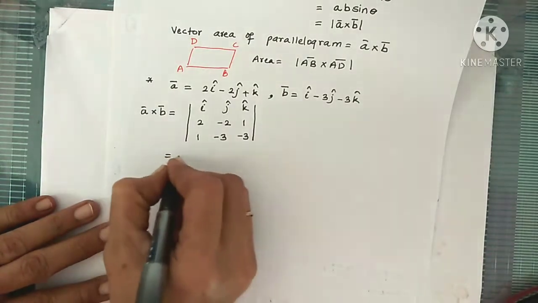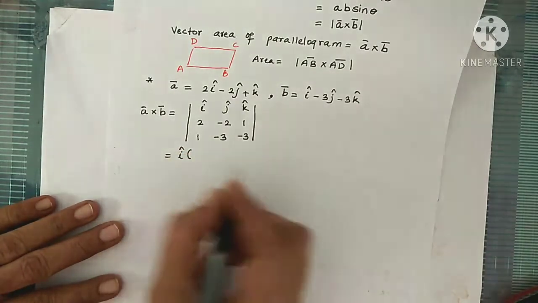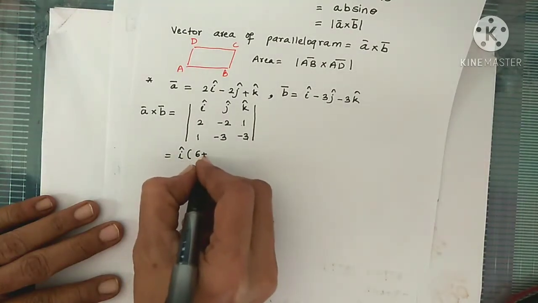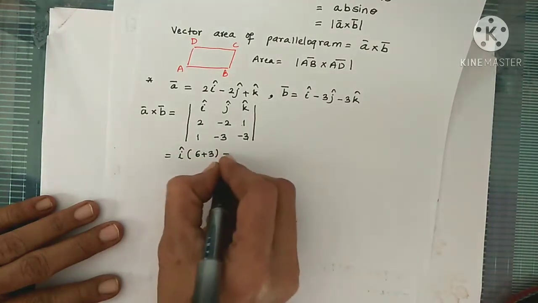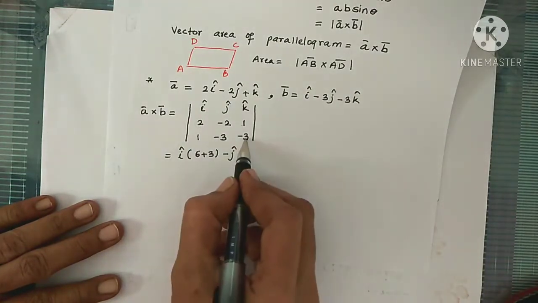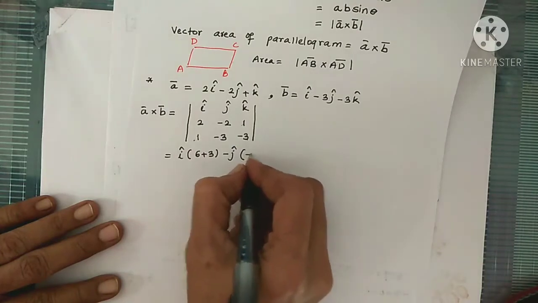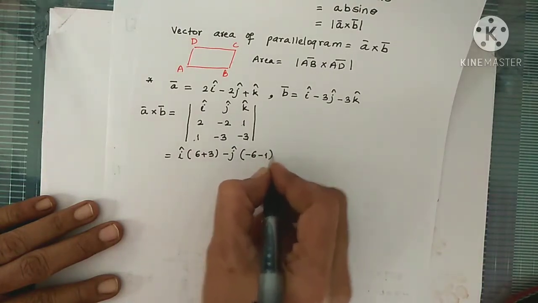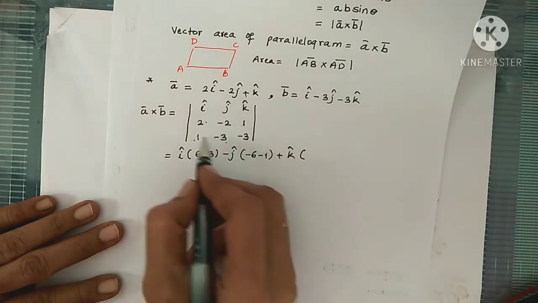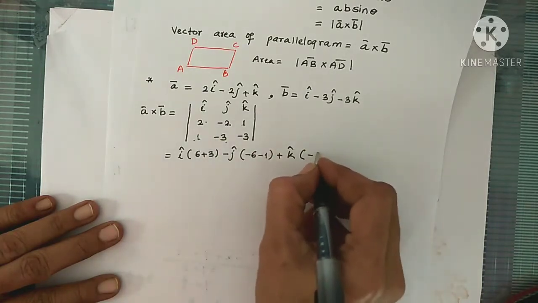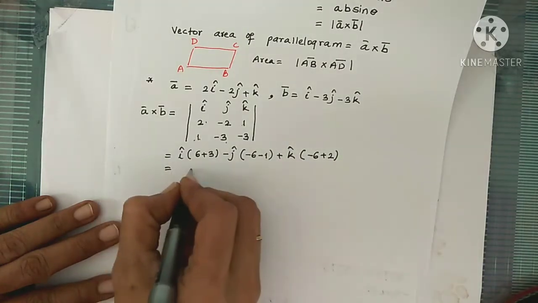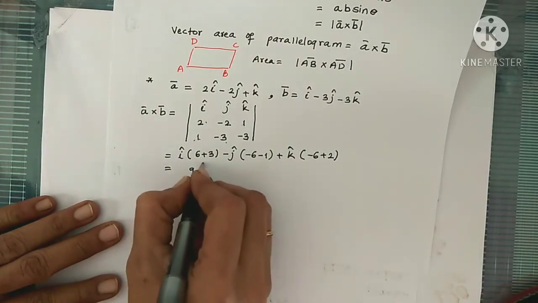So that is equal to i cap times 6 minus -3, so it becomes 6 plus 3. Next term is minus j cap times -6 minus 1, plus k cap times -6 minus minus, that is plus 2. Simplifying, this becomes 9 i cap.